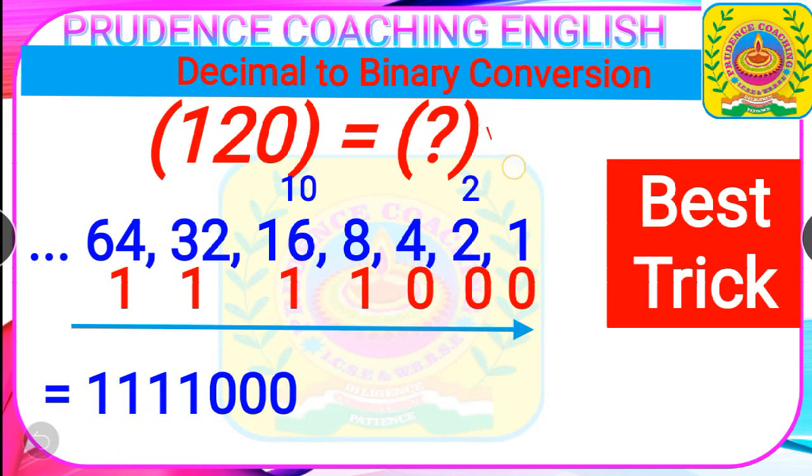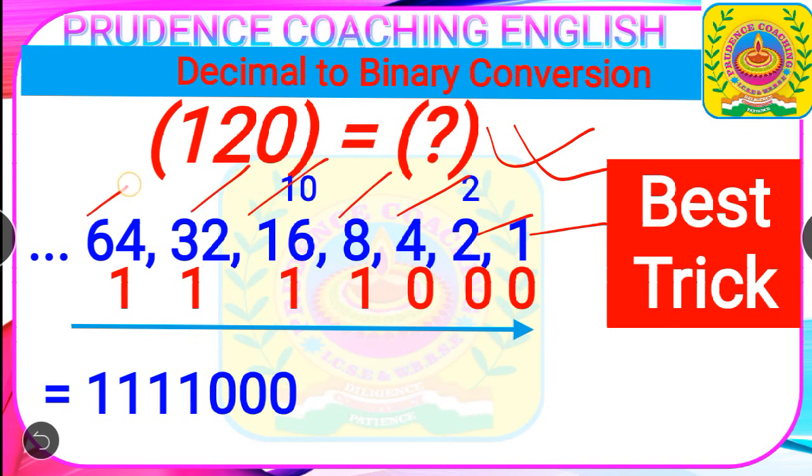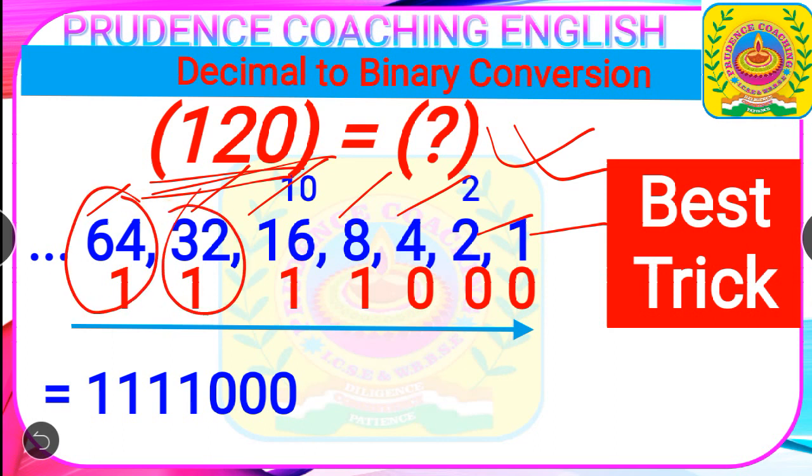We will discuss this with another example, students. First of all, to find the answer, we will write this series 1 2 4 8 16 32 and 64, and next we will try to find the total result of 120. So here you can see, if we add 64 plus 32 plus 16 plus 8, then we are getting the result of 120.